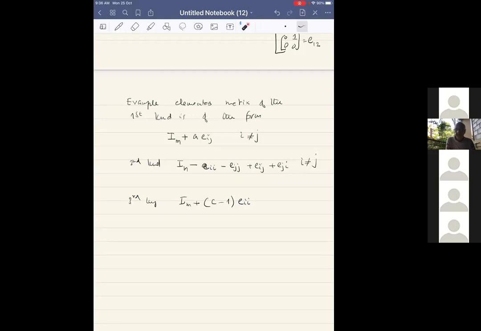Okay, let me ask, how many elementary matrices of the second kind are there? Supposing I fix m, how many elementary matrices of the second kind exist? So m squared minus m. Are you sure? Are you overcounting? I think we will have to divide that by 2.